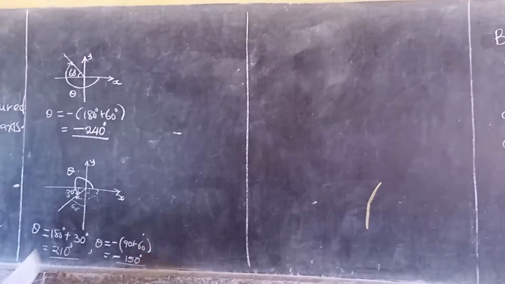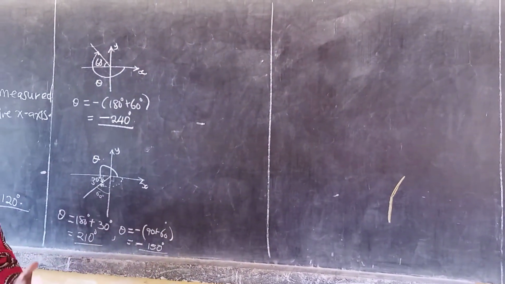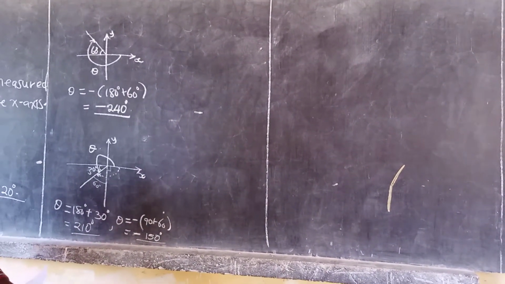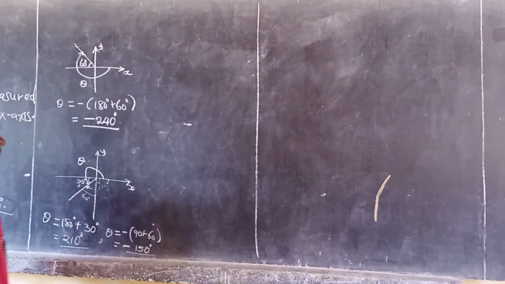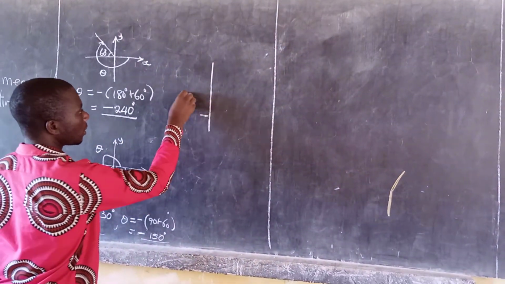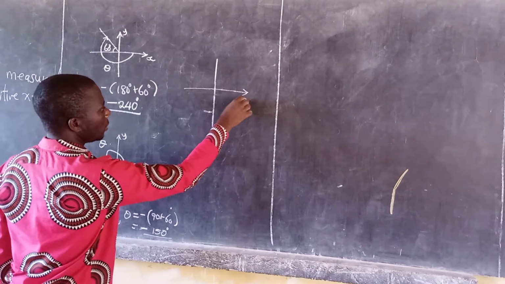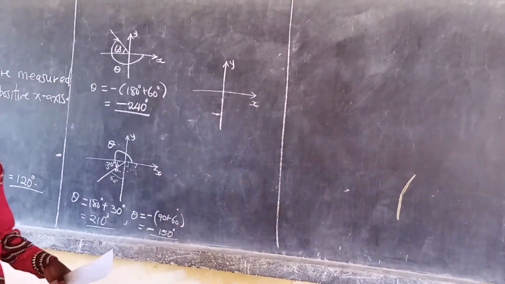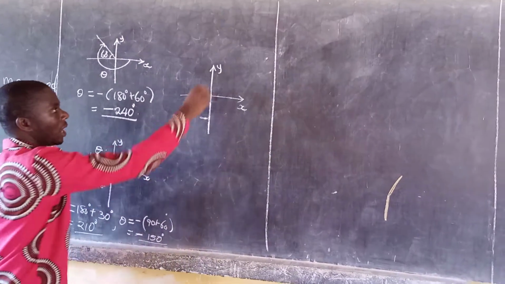We can have one more last example, of another angle, this time an angle on a line. This is x, this is y. And where is our angle? Our angle is here.